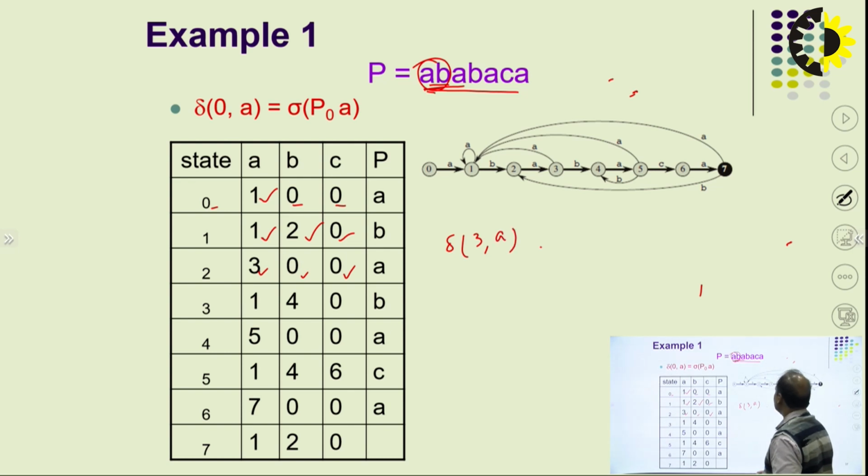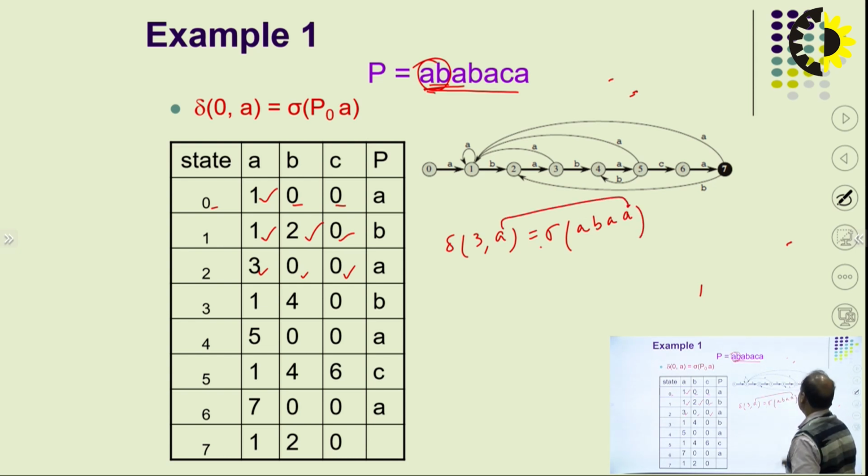You have to consider all the transitions, especially a, b, c on the alphabet. So this is sigma P3A. P3 is a, b, a, and then append this guy over here.